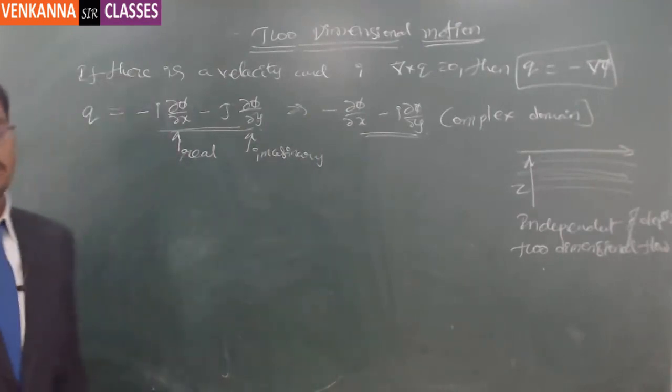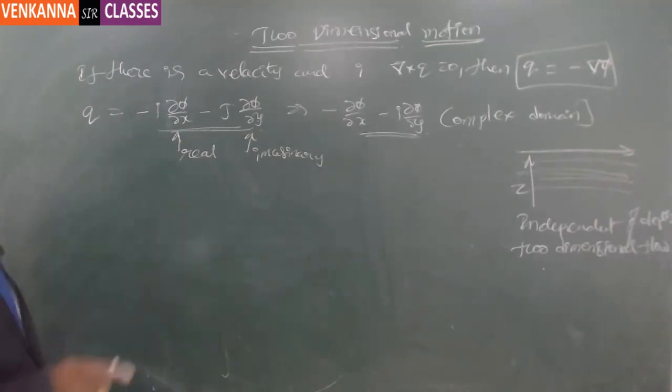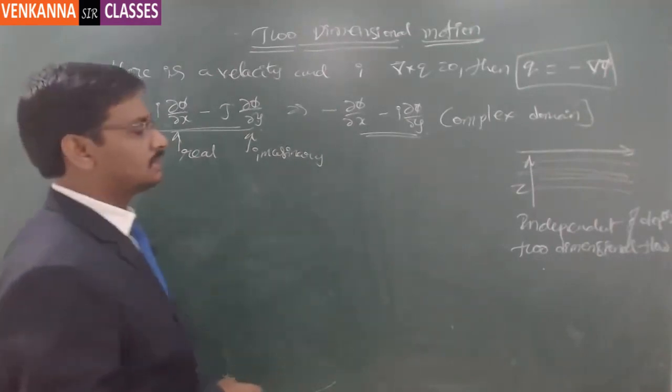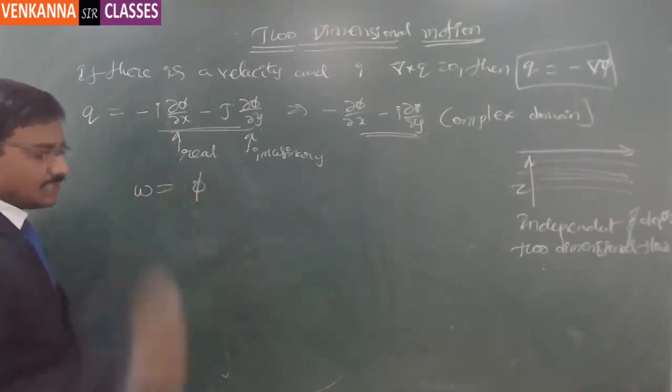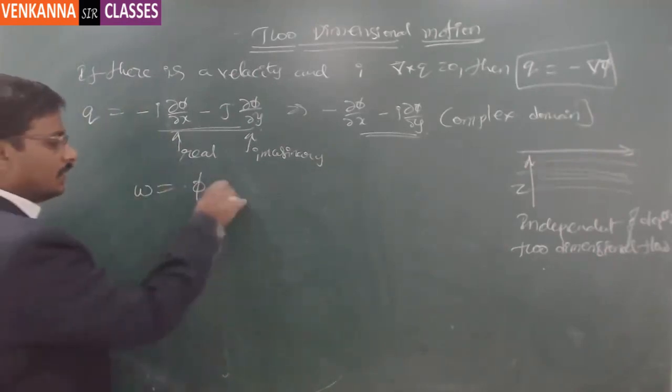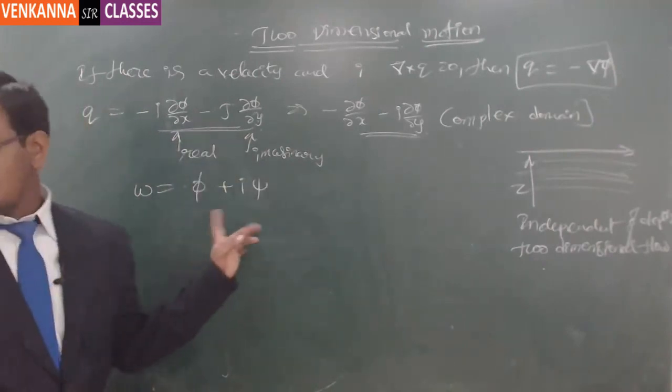Got it? Okay. So now there are two different aspects in complex analysis. Suppose there is a function w which can be expressed with phi, then there exists at least one function psi that is always perpendicular to phi.